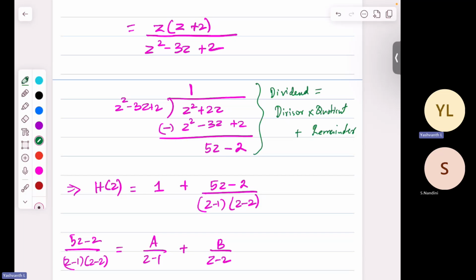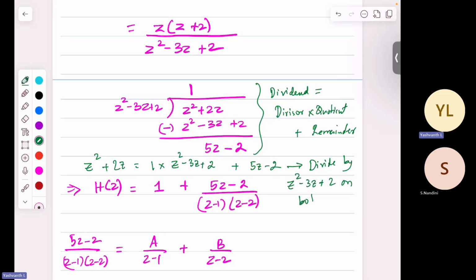So therefore, I can write z square plus 2z is nothing but 1 into z square minus 3z plus 2 plus 5z minus 2. Now, what you do, you divide by z square minus 3z plus 2 on both sides.